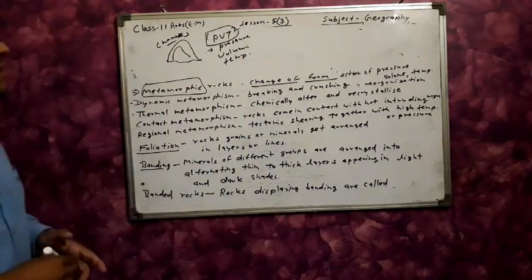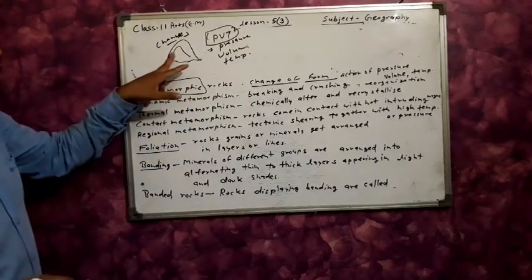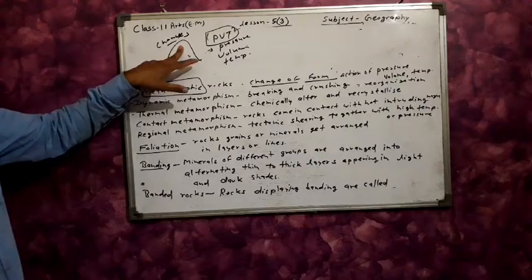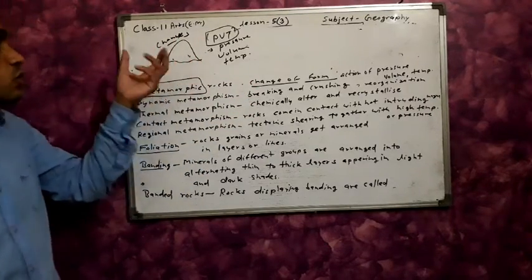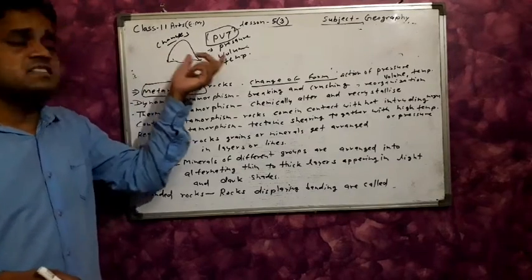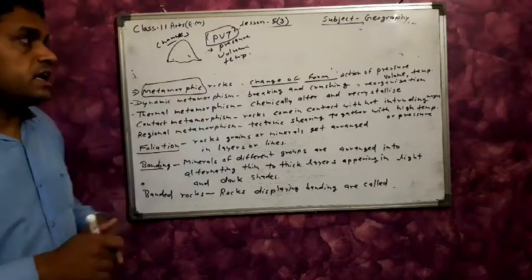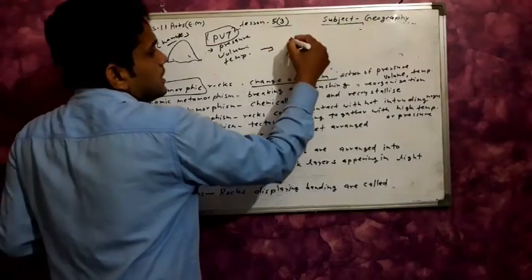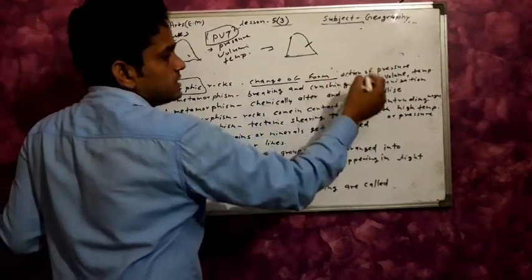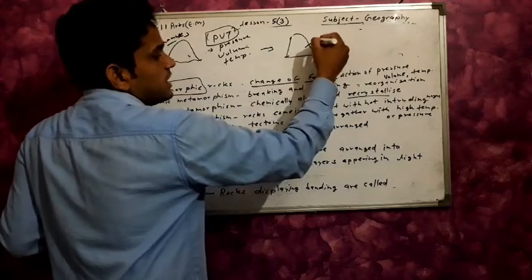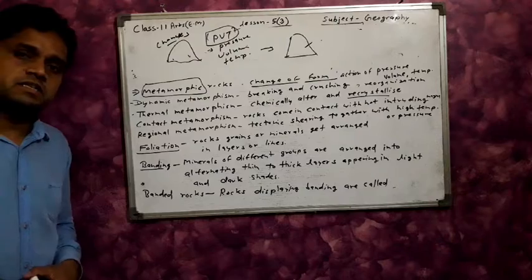Due to pressure, volume and temperature, these rocks, whether igneous rocks, sedimentary rocks, or metamorphic rocks, change their form into another form. Then recrystallization starts, and this type of rock is known as metamorphic rock.